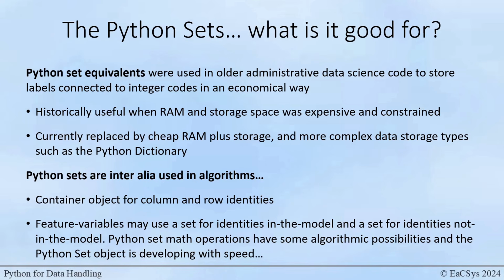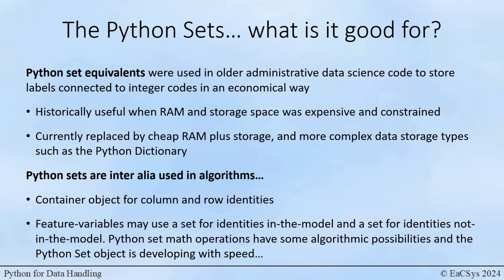The main use of Python set equivalents in older administrative data science code was to economically store labels connected to integer codes. The stored codes were mainly geographical localities, telephone numbers, postal area codes, state codes, localities, or whatever type of codes you or anyone wanted to use.